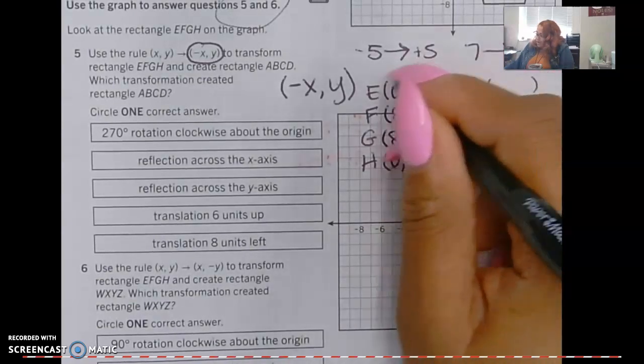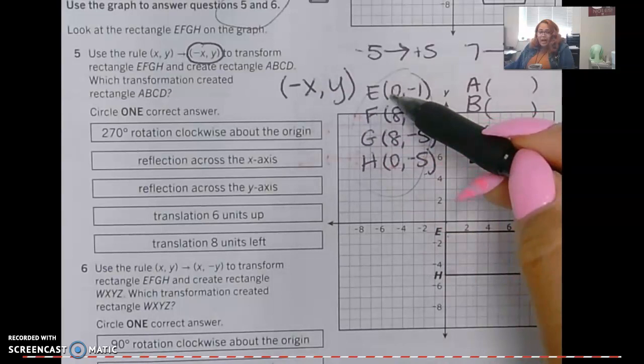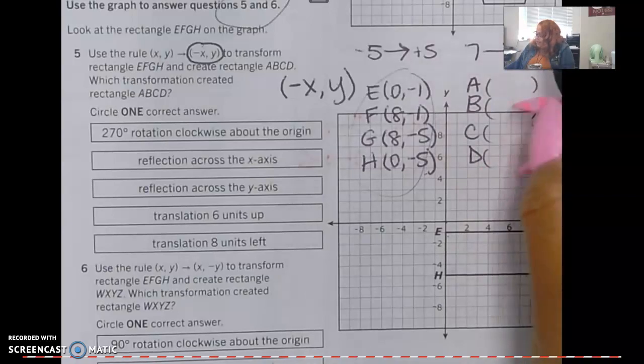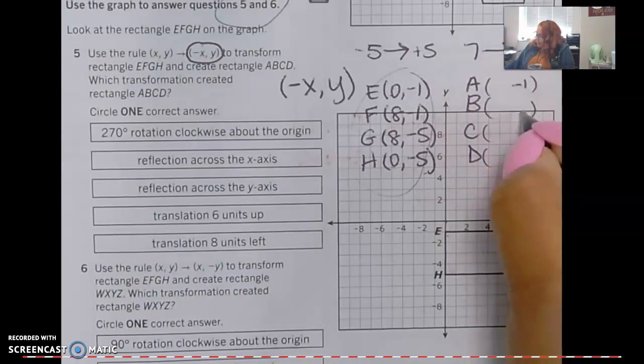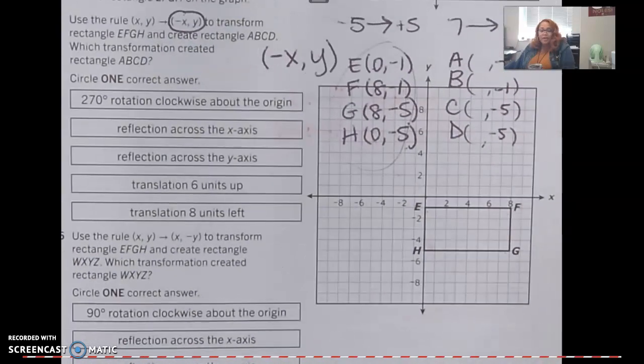So you need to take all of these points and keep your Y's, but make your X's opposite. Can you make an opposite of a 0? Rhetorical question. So these Y's are going to stay the same. -1, -1, -5, -5. And then you're going to put something in front of them and make a new shape.